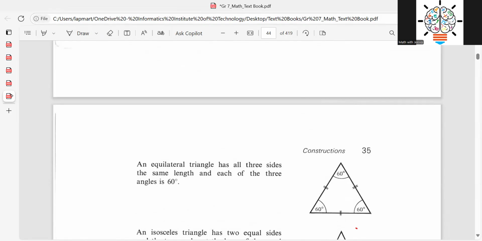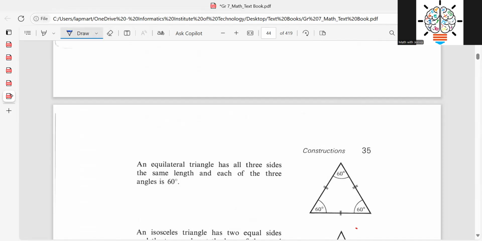You can see a triangle, but it is a different triangle. You can see that they have marked something. So all the 3 sides are the same length. We call this kind of triangle an equilateral triangle. All the 3 sides are equal in length and all the 3 angles are equal in size.